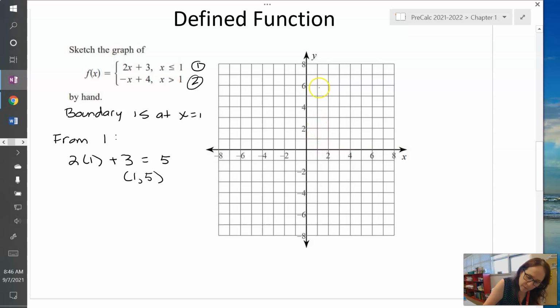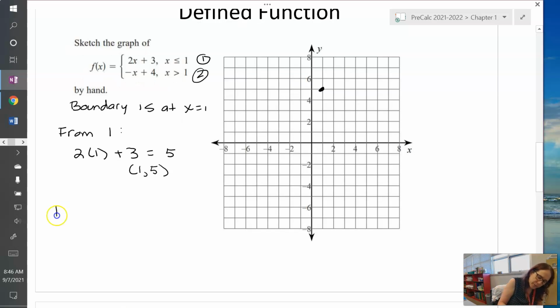So 1, 1, 2, 3, 4, 5. Put that there. And then from part 2, we put in 1 for the boundary: -1 plus 4 equals 3. So now we're going to have a point at (1, 3).